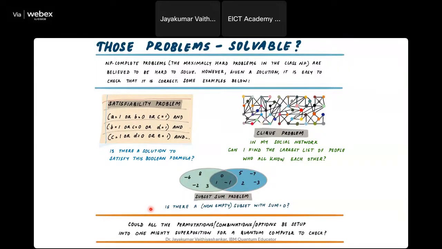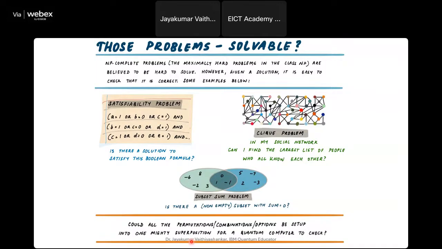Could all permutations and combinations be set up into one mighty superposition for a quantum computer to check? This is the essence. Suppose you have multiple permutations, combinations or options available for a given problem, then superposition and entanglement will help you solve them in parallel fashion.